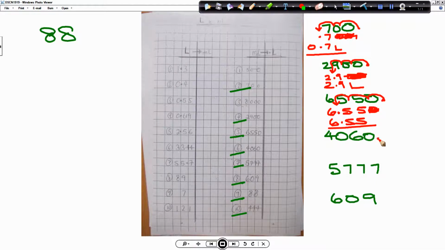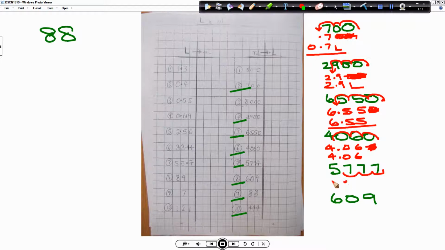4,060. Move back 1, 2, 3. Drop the decimal point down, copy the numbers. Now this 0 inside the number is important, but the one at the end can be got rid of. That's unnecessary. So the final answer is 4.06. Okay, 5777. So we divide that by 1000. So move back 1, 2, and 3.